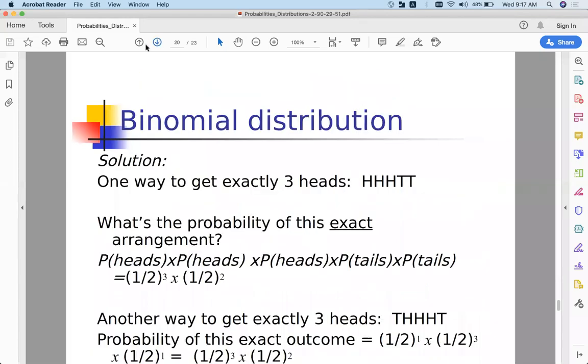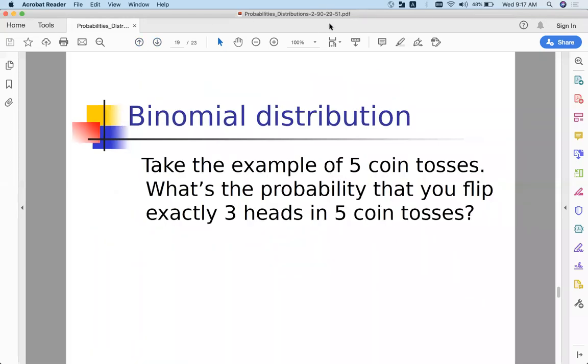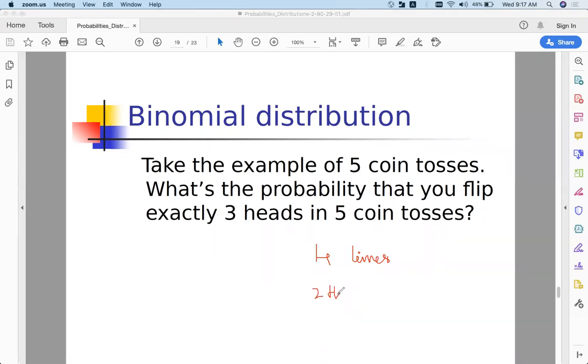Okay, so let me ask you this question. Can you guys take some time and do it and then tell me the answer? Let's say I flip a coin 4 times. What is the probability that I get exactly 2 heads? Take some time, don't jump to answers.